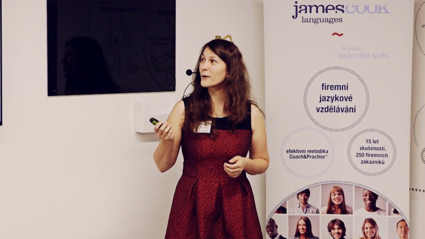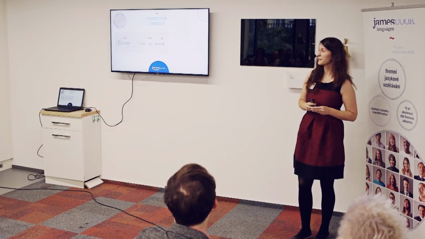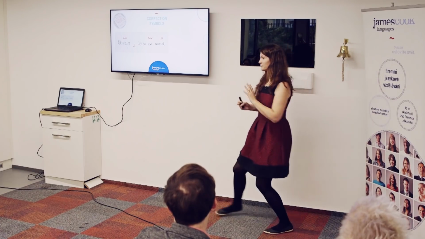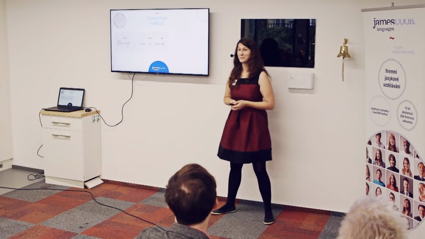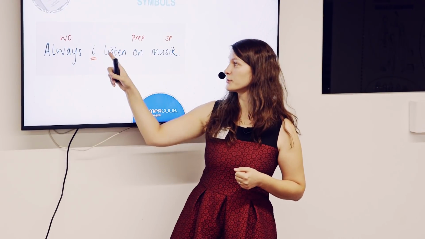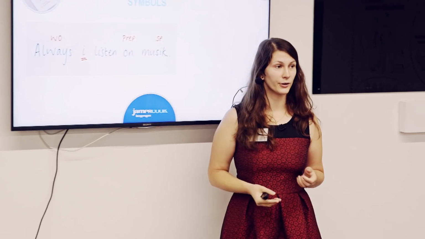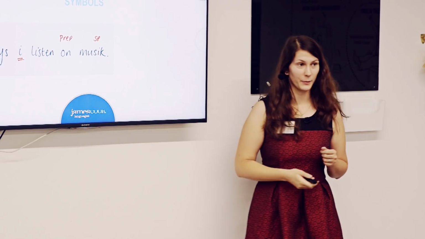Okay, so when we move on to the feedback, I've borrowed this wonderful picture from our methodology handbook, and this shows you how correction symbols can be used. So we've got WO for word order, underlined for capital I, wrong preposition, wrong spelling.